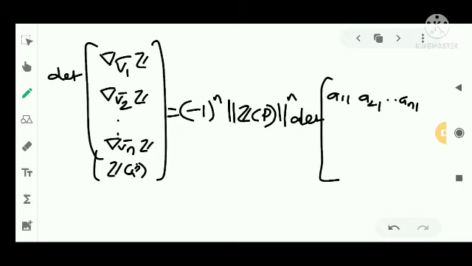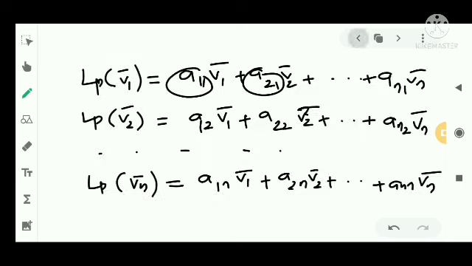Similarly, A12, A22, etc. An2, etc. The nth row A1n, A2n, etc. Ann. The last term is in matrix form.